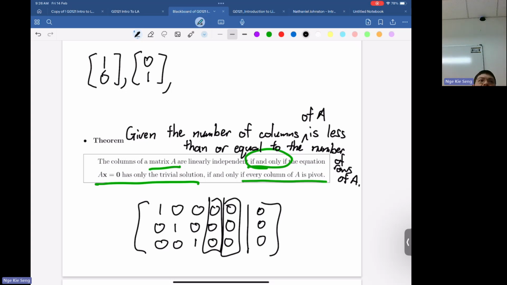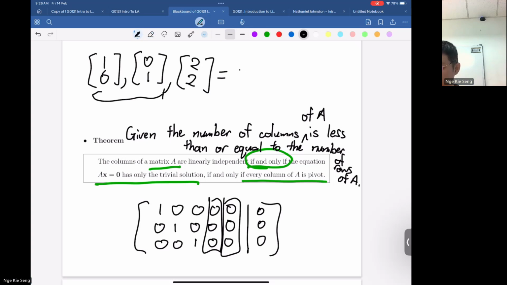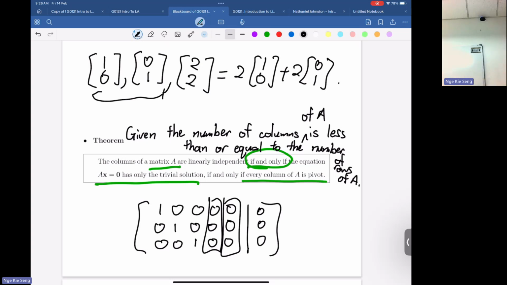Can you give me a third one? (2, 2), okay. So you can see that (2, 2) can be expressed as a linear combination of the previous two. Can you do it? (2, 2) equals 2 times (1, 0) plus 2 times (0, 1). So this is the idea about dimension.